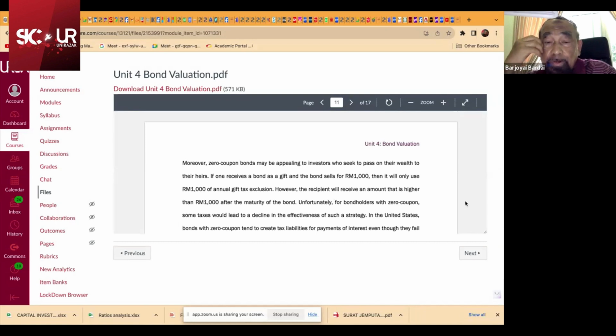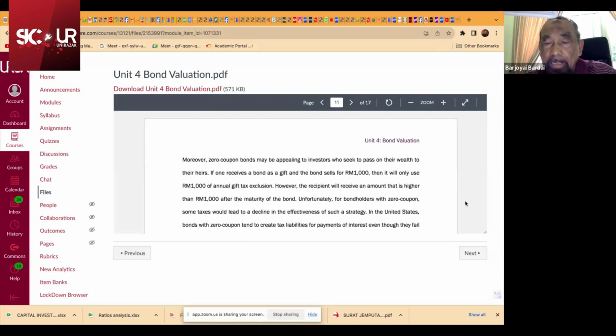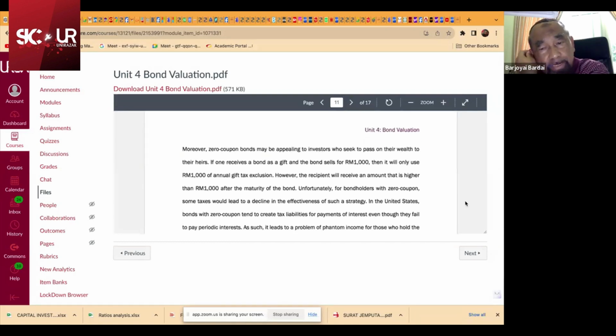So zero coupon bonds may be appealing to investors who seek to pass on their wealth to their heirs. If one receives a bond as a gift and the bond sells for 1,000, then it will only use 1,000 of the annual gift tax exclusion.